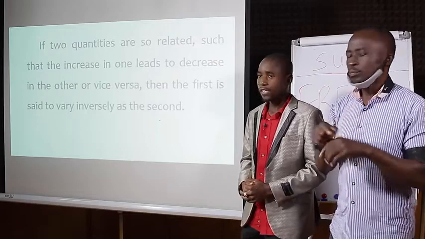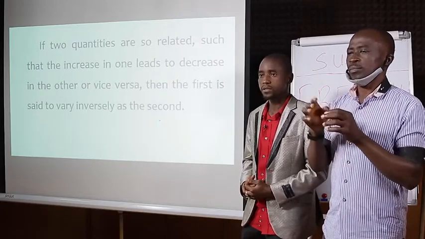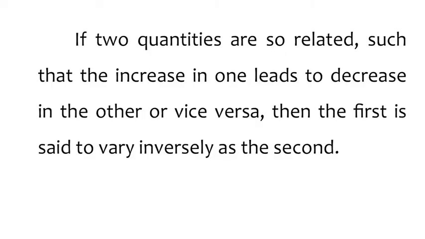Under indirect variation, we said if two quantities are so related such that the increase in one leads to the decrease of the other, or vice versa, then the first is said to vary inversely as the second.